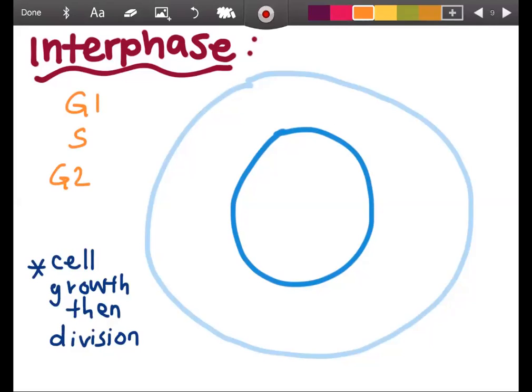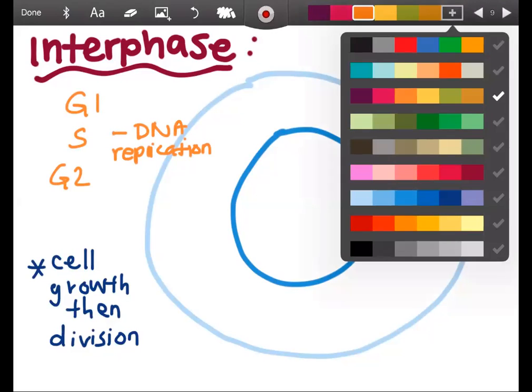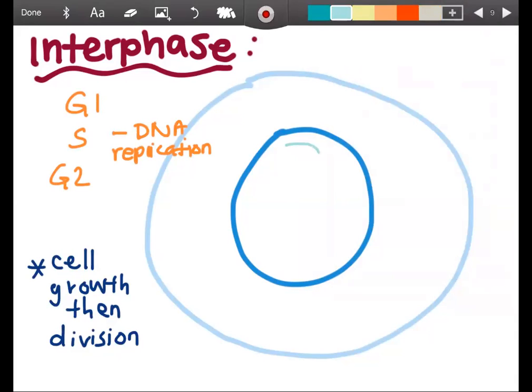So in the G1 phase and the G2 phase, these are when the cell is going to grow and proteins are going to synthesize. And in the S phase, we're going to have DNA replication. And in interphase, you would find the DNA loosely packaged in the nucleus.